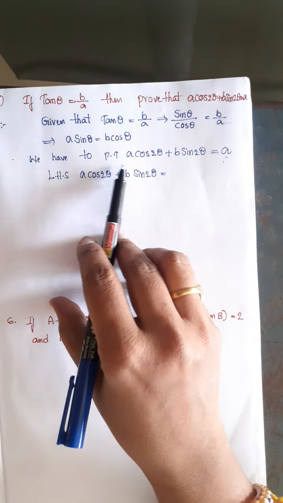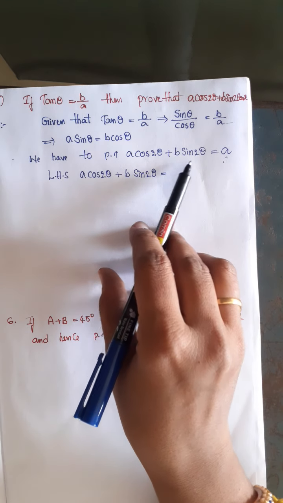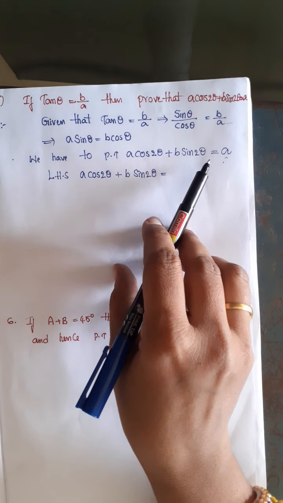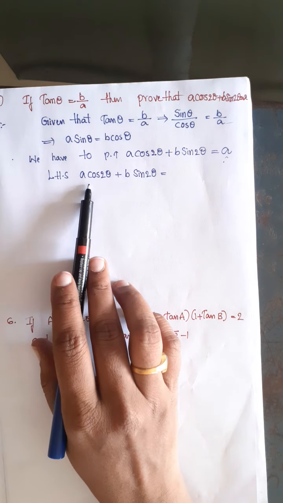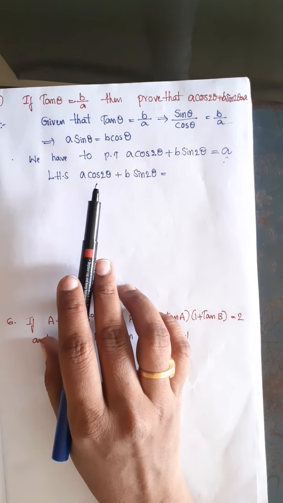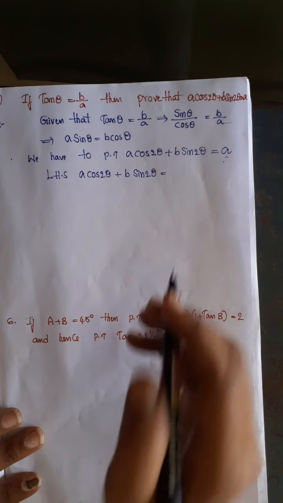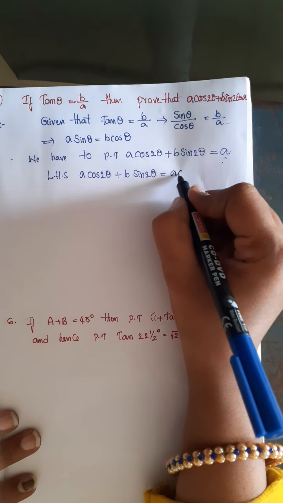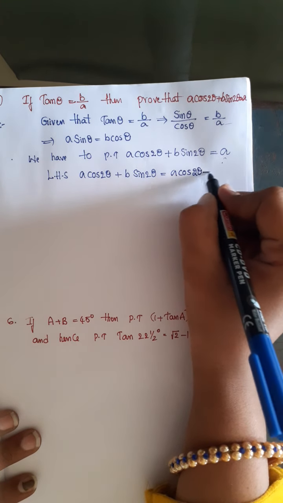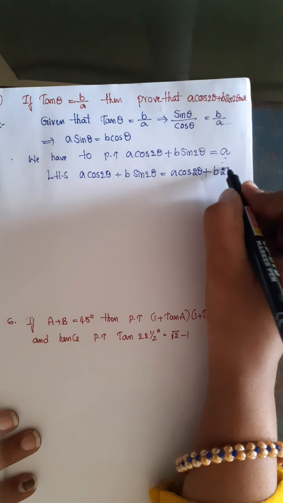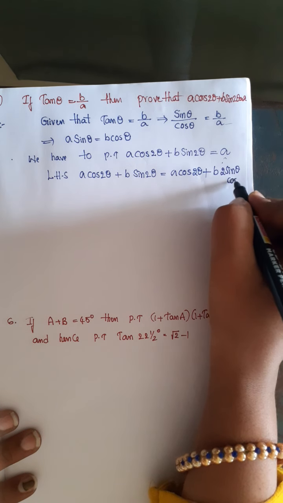So we have to prove that a cos 2 theta plus b sin 2 theta is equal to a. I am considering the LHS part here. For b sin 2 theta, the formula we can write is 2 sin theta cos theta.